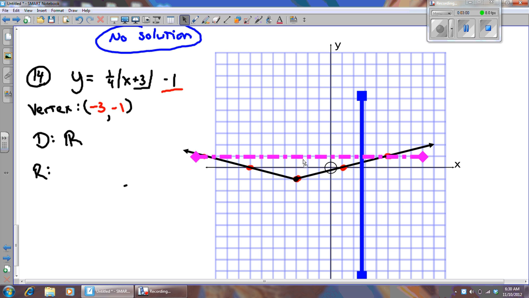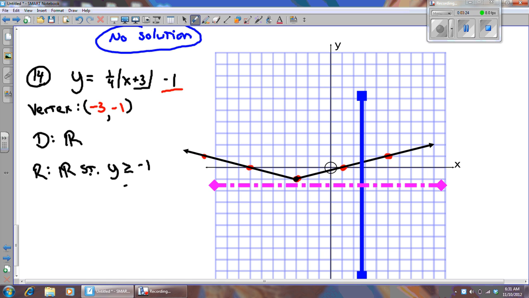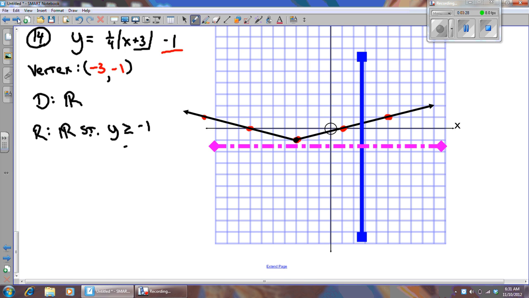I'm still intersecting right there. Oh, but now I'm not intersecting anymore. The V is opening upwards, so I don't have any values below that. So the range is all real numbers such that y is greater than or equal to the y-coordinate of the vertex. In other words, -1. And there you go.